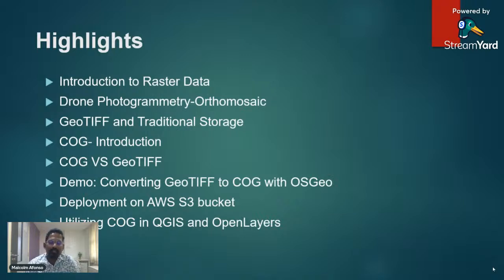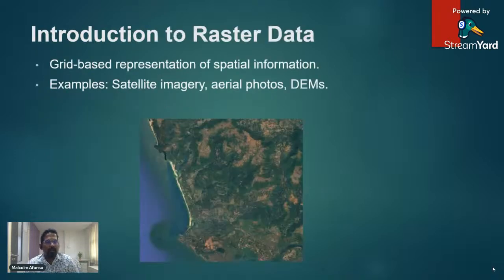So let's start with introduction to raster. As we all know, we are most familiar with Google Maps, right? It shows us satellite imagery. Now, the simplest example of a raster would be a photograph that you click with your camera. Now, what is a raster exactly?